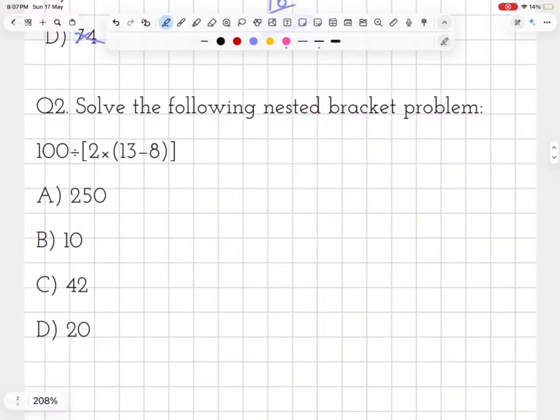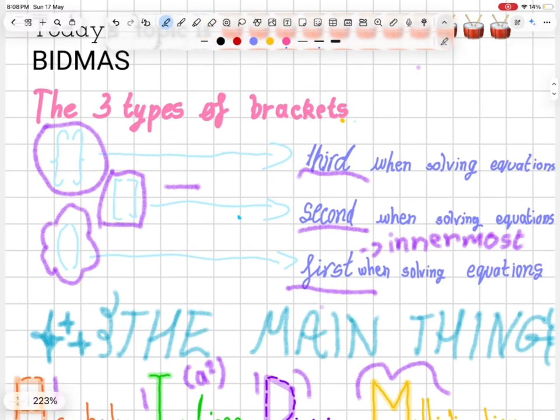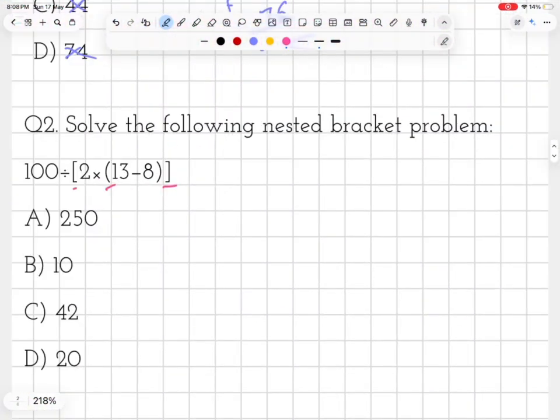Question 2. Solve the following nested bracket problem. So here we see we have two types of brackets, and we previously discussed that the square ones come second when solving an equation and the innermost brackets come first, because otherwise how would we get on with the equation?